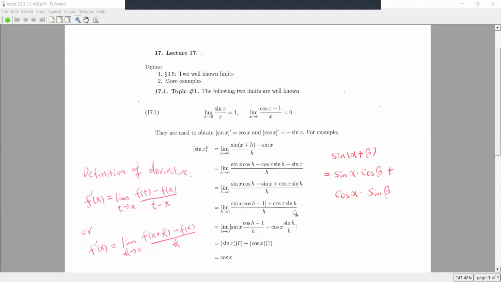So the whole thing will approach sine of x times 0 plus cosine of x times 1. Sine of x times 0 is 0. Cosine of x times 1 is cosine. So this is cosine. Therefore, derivative of sine is cosine.